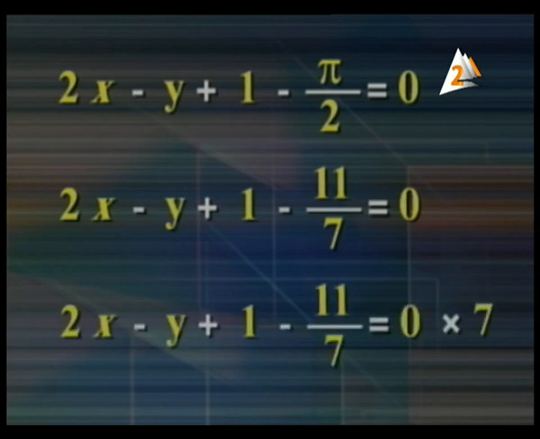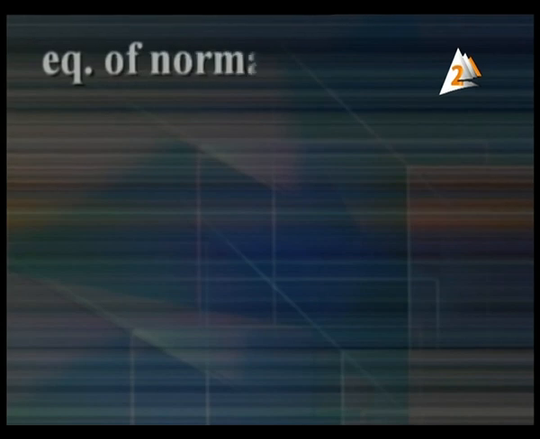Then 2x minus y plus 1 minus pi over 2 equals 0. By substituting pi equals 22 over 7, pi over 2 is 11 over 7, so 2x minus y plus 1 minus 11 over 7 equals 0. Multiplying by 7, the equation becomes 14x minus 7y plus 7 minus 11, or 14x minus 7y minus 4 equals 0. This is the equation of the tangent.